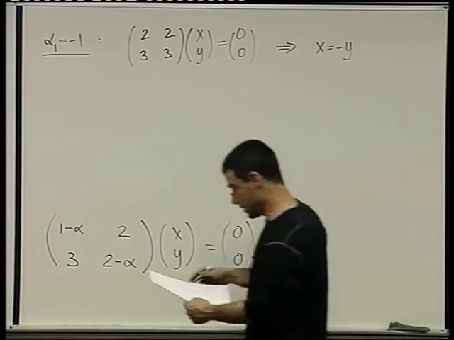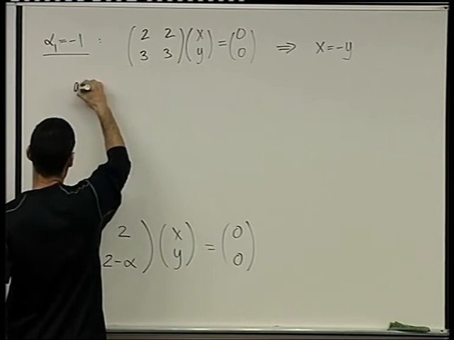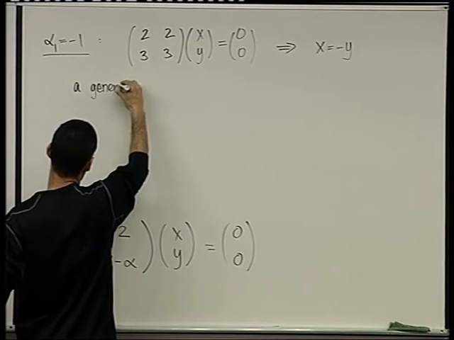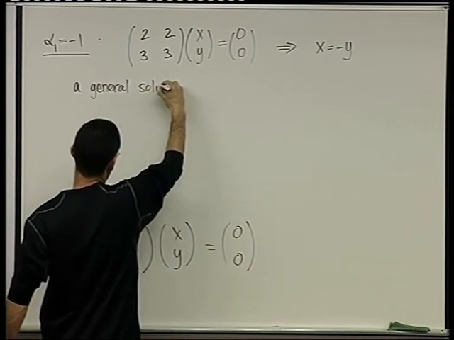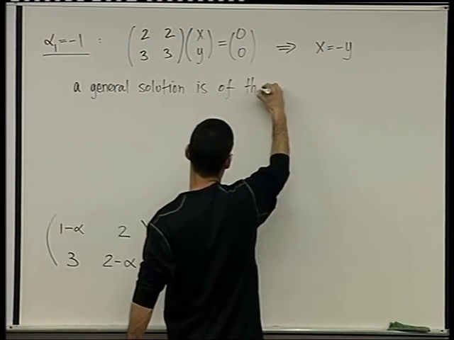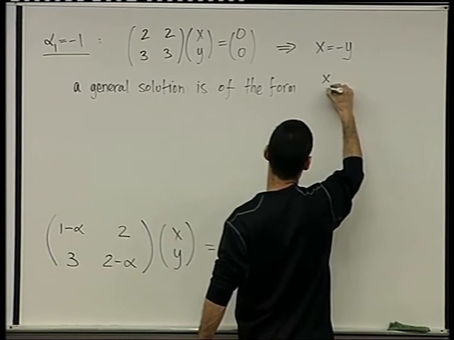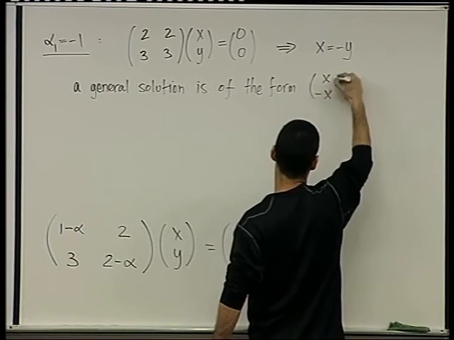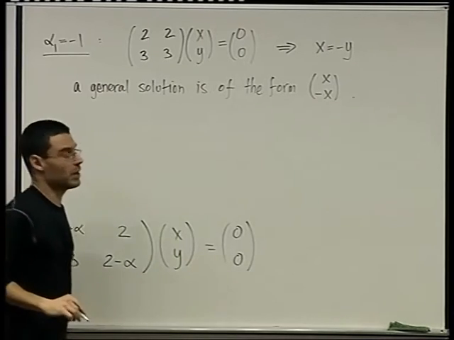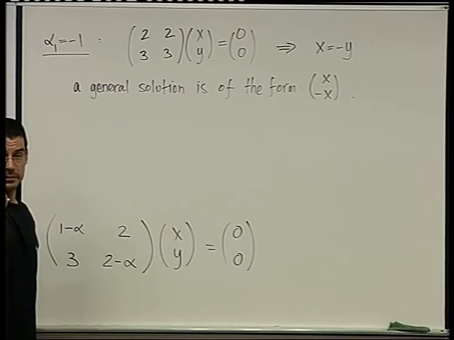So let's say a general solution, the set of solutions, is of the form x and minus x. That's what a general solution looks like. Now we only want one.